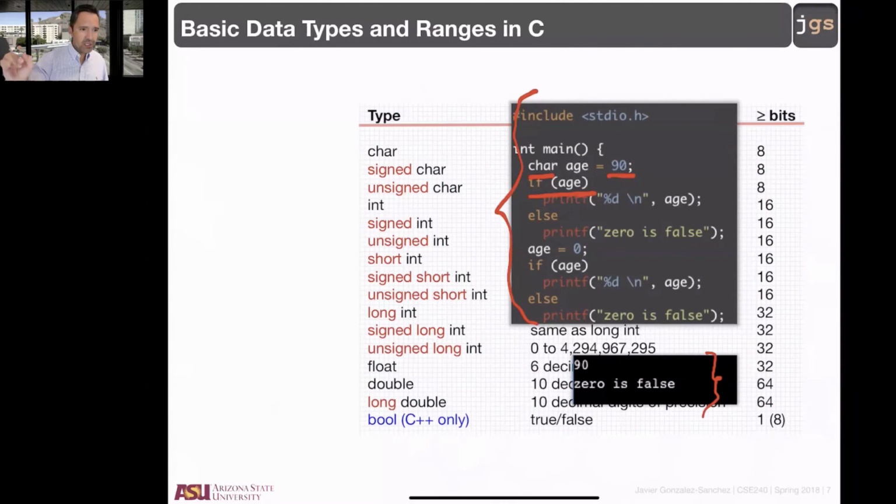So if age is 90, that condition is true. And if that condition is true, you are going to execute the line inside of the if, which basically is going to print, as a decimal with an enter, the value of the variable age. And that is the reason why I am printing the 90 here.